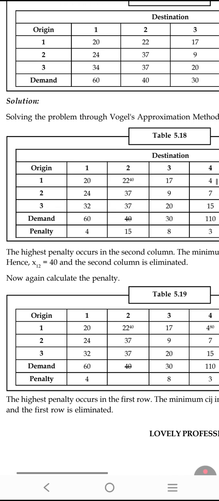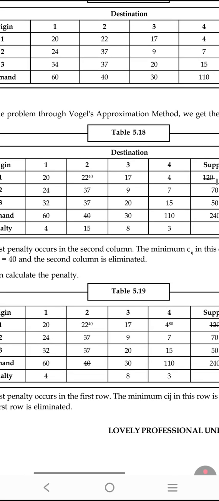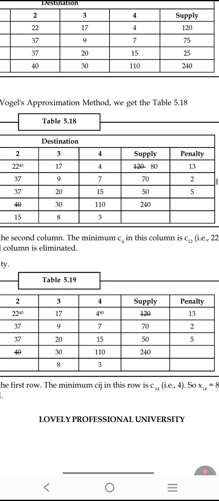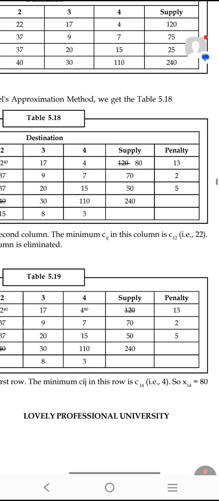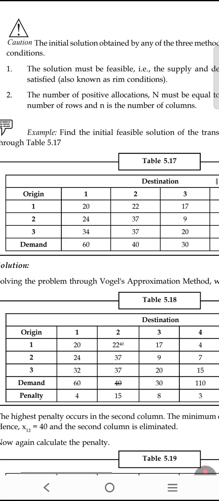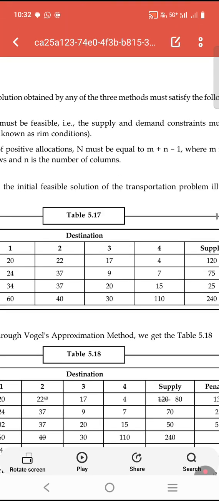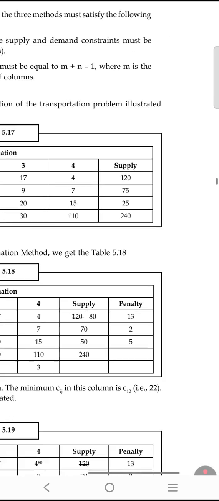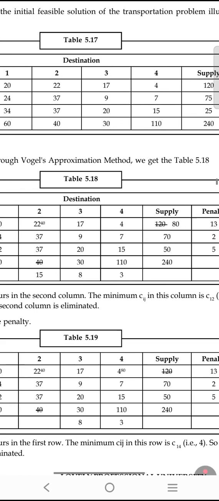Then in the second row, the smallest cost is 7 and the next smallest is 9, and the difference is 2. In the third row, the smallest cost is 15 and the next smallest is 20, and the difference 20 minus 15 is 5.